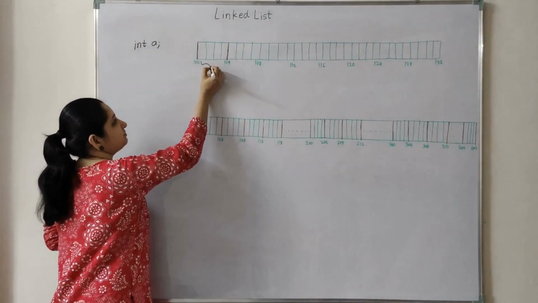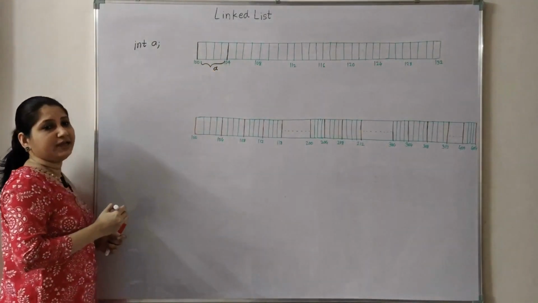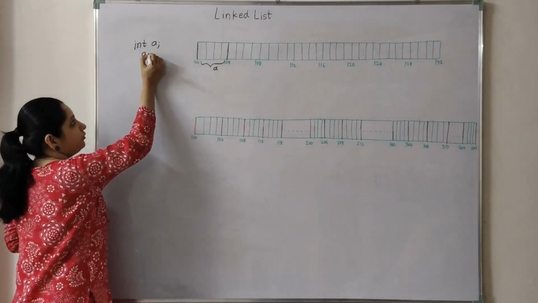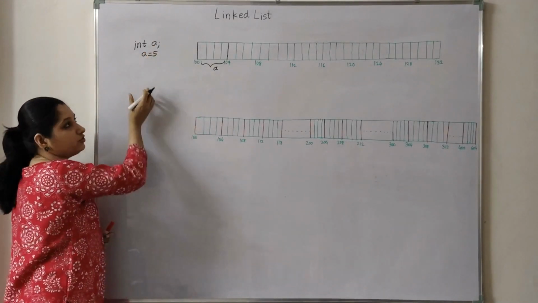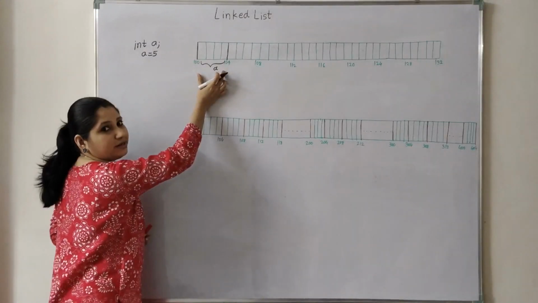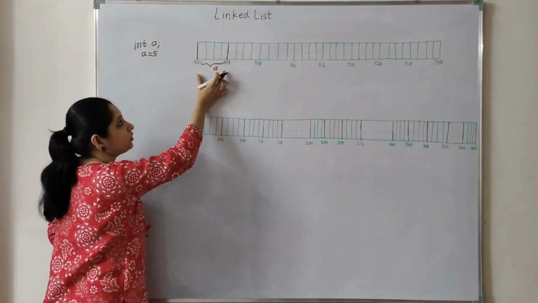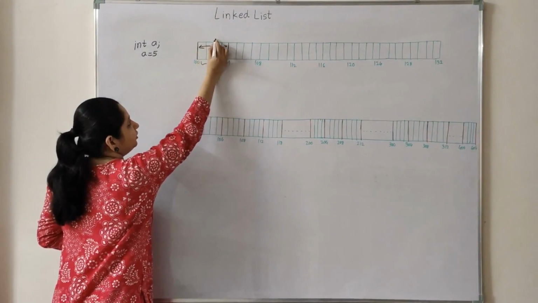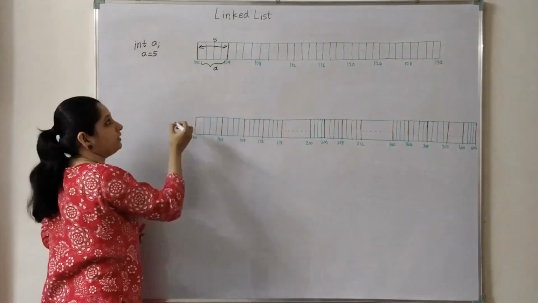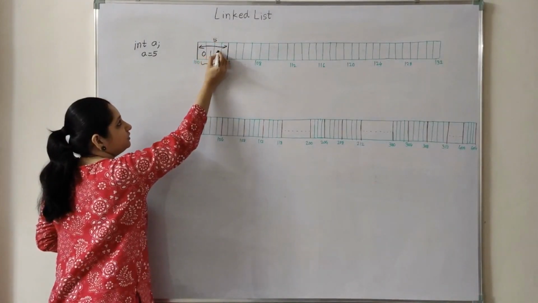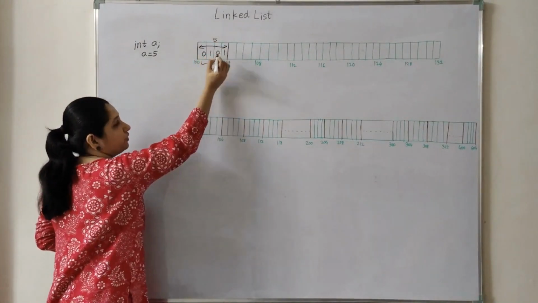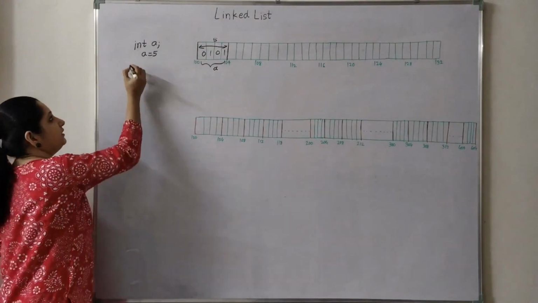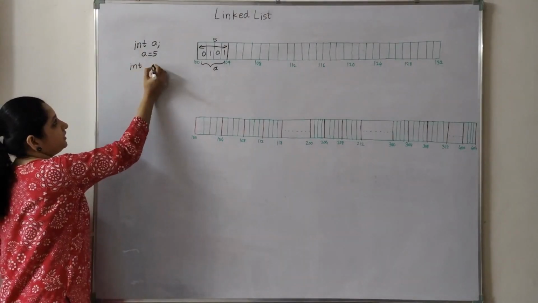If this variable a has the value 5, this value will be stored in that memory block, and it can be stored as 0101.